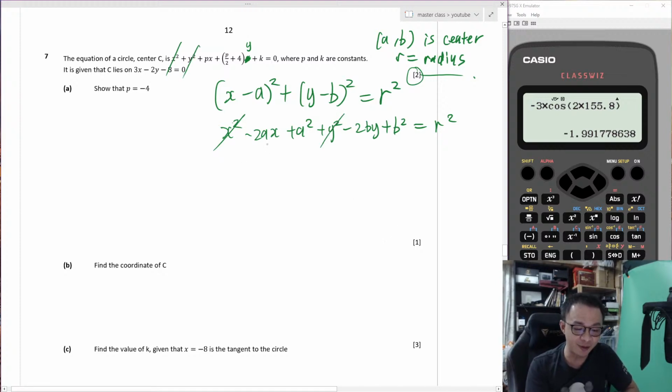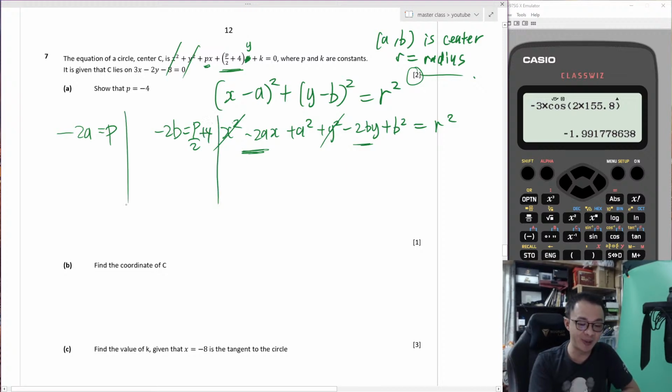You realize you can get the center by doing this, right? Because the negative 2a should be the value beside the x, which is p. The negative 2b will be the value beside the y, which is p over 2 plus 4. Okay, why do I want to do this?